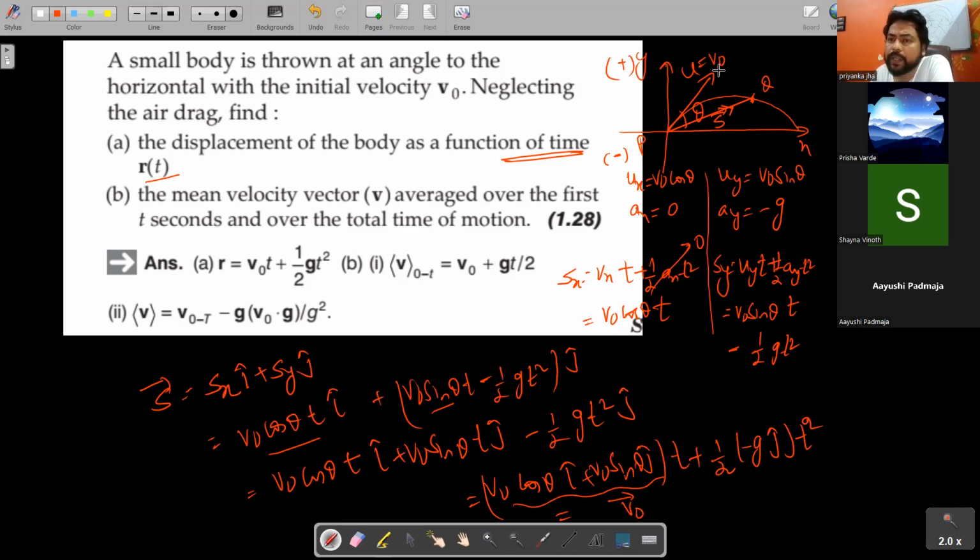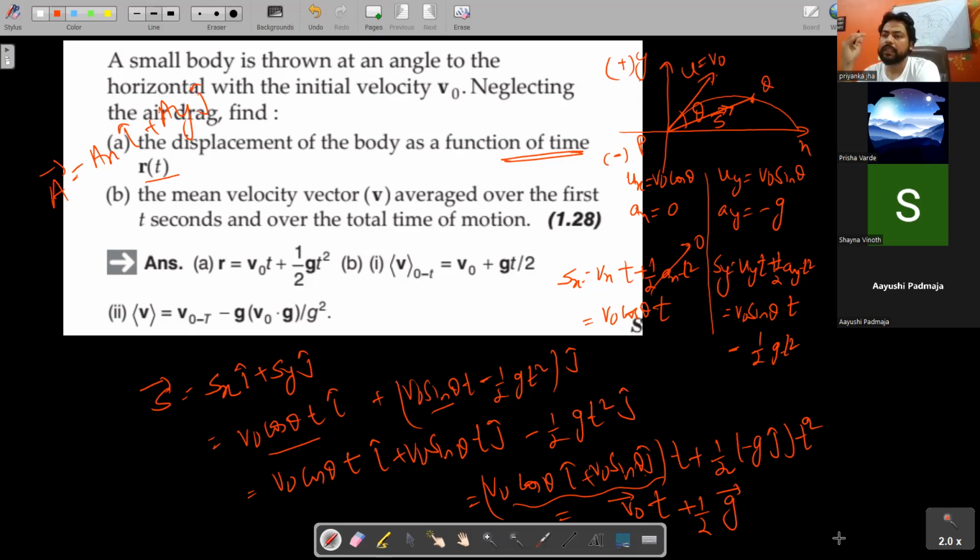Yes, we can. Any vector A can be written as its x component i plus y component j. Ax is what? V naught cos theta i plus V naught sin theta j. So this would be the complete V naught vector into t, plus half minus j times g, which can be written as g vector.